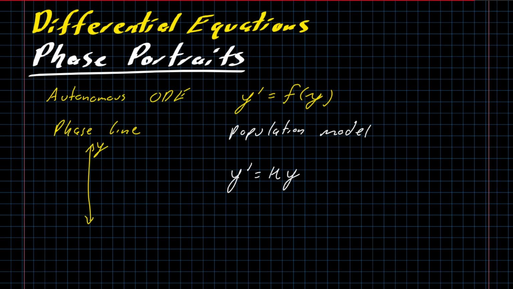But then we wanted to modify that slightly, and we did that by multiplying an extra term here that took a form something like 1 minus y over n, where we said that n was the carrying capacity, the maximum size that the population in the area could attain.